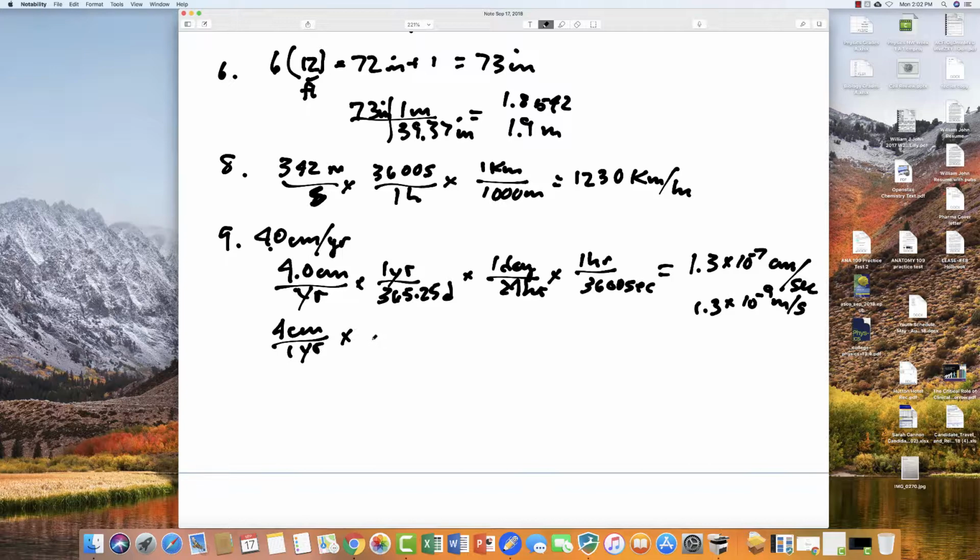So if you take 100 and 1,000, there are 10 to the 5th centimeters in a kilometer. Now I just skipped a step here; you can put 1 meter is 100 centimeters and 1 kilometer is 1,000 meters if you want to. And then we're going to talk about a million years. This is 1 year, so we're going to multiply this by 10 to the 6 years. If you do both of those calculations, you get 40 kilometers per million years.